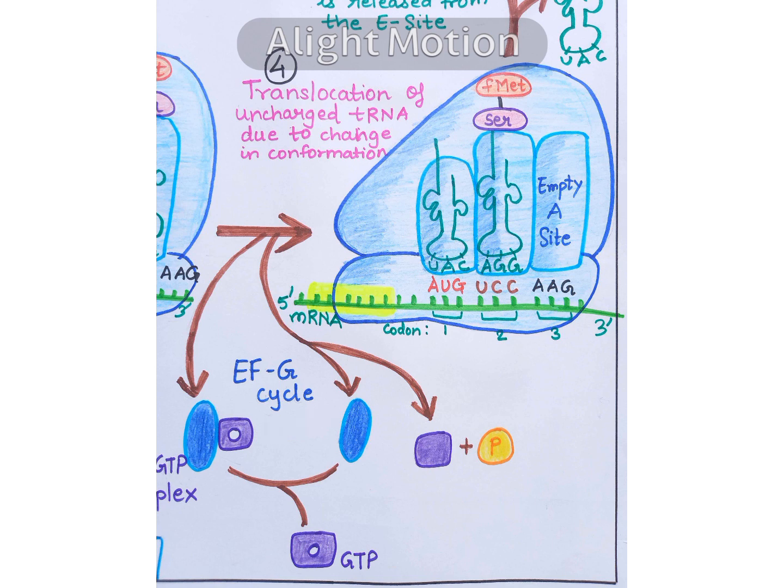GTP is hydrolyzed and translocation of the ribosome occurs along with the displacement of the uncharged tRNA away from the P site to the E site. It is possible that GTP hydrolysis changes the structure of EF-G, which facilitates the translocation event.